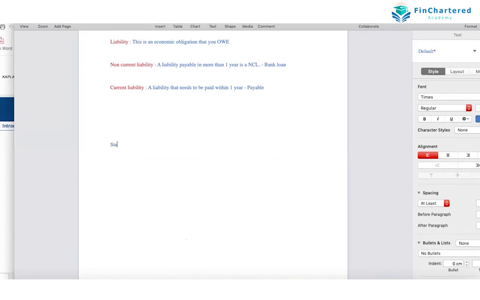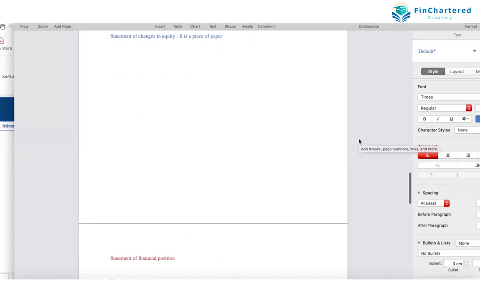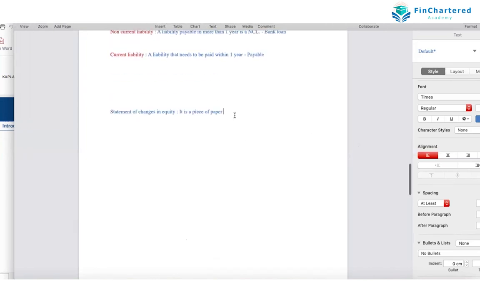So, the statement of changes in equity is again a financial statement. It is a piece of paper. Again, this isn't the definition, guys. I'm telling you this for you to know and be comfortable with, right? But it is a piece of paper that is answering four questions. Four.